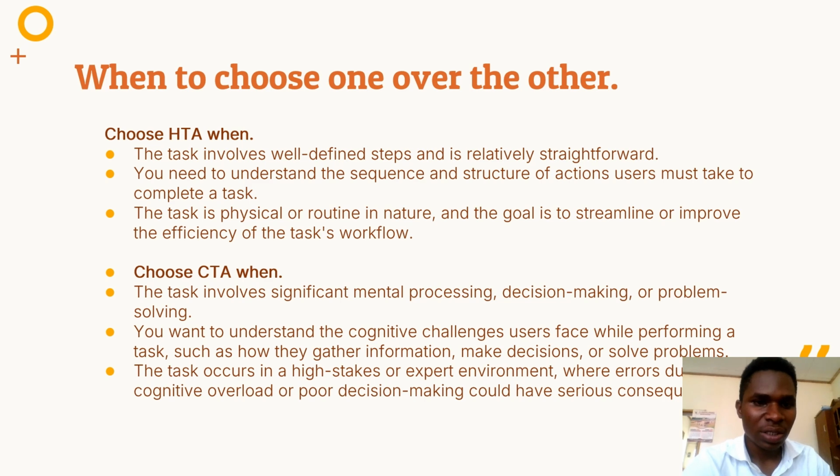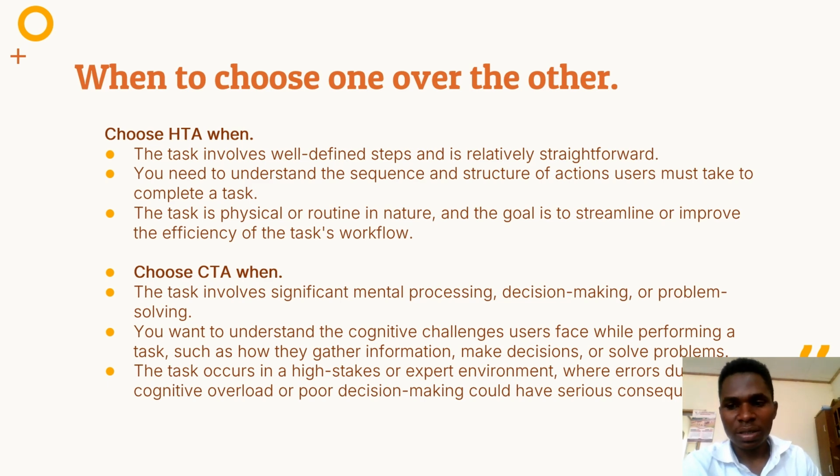Also, we would choose CTA when the task occurs in a high stakes or expert environment where errors due to cognitive overload or poor decision making could have serious consequences.